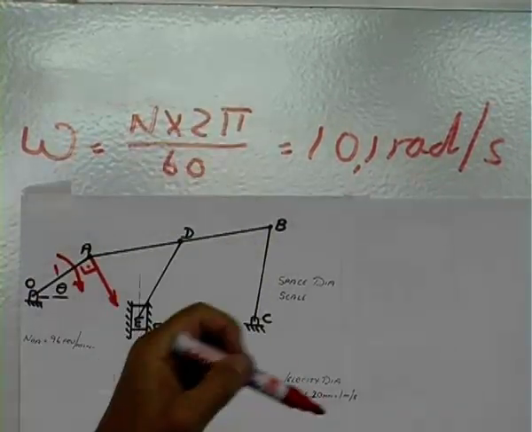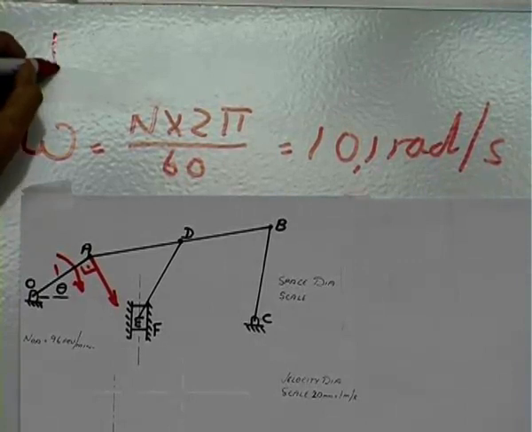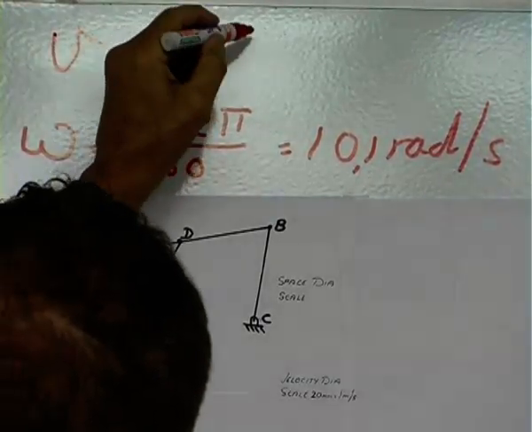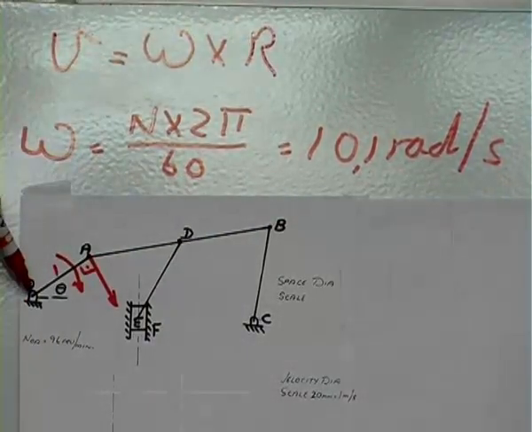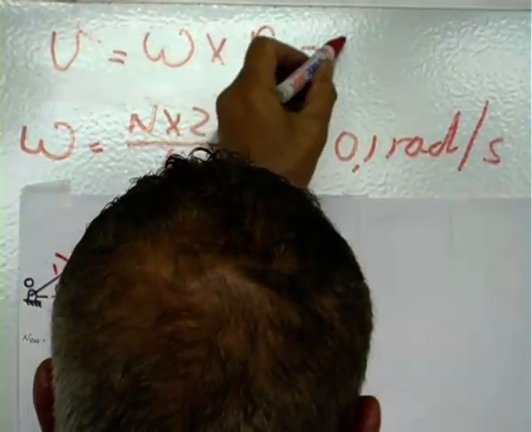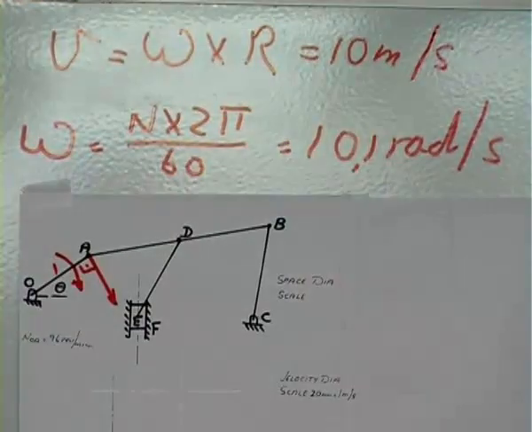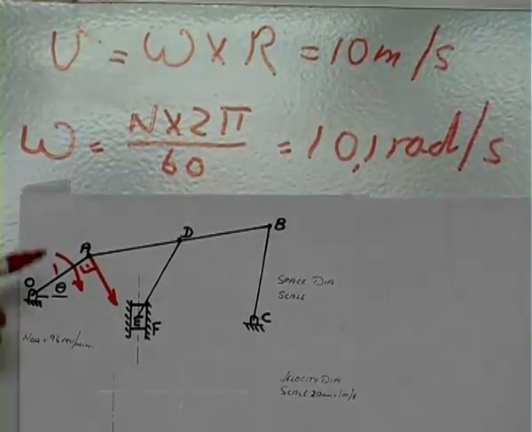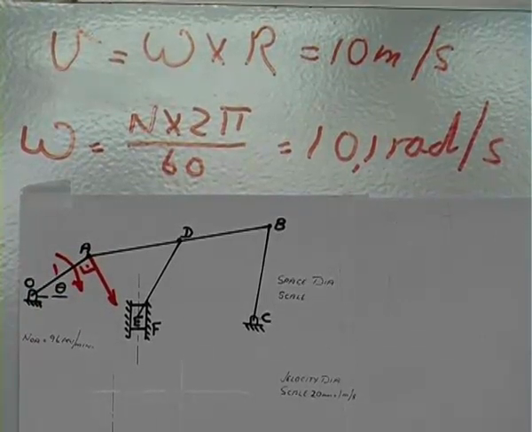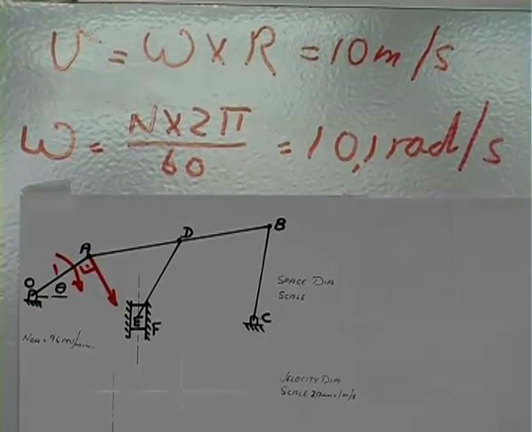So your linear velocity equals your angular velocity times the radius, and that will be the length of link OA. So let's take it as 10 meters per second. We have a vector here. It has a magnitude and a specific direction. You can't change the magnitude or the direction.